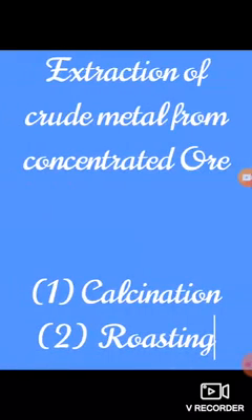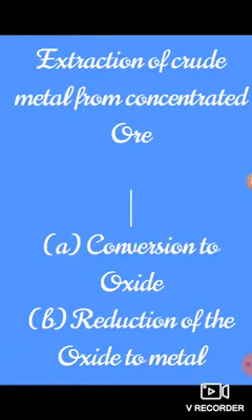Now we are going to discuss the reduction of the oxide to metal. Reduction of the metal oxide usually involves heating it with a reducing agent, for example carbon or carbon monoxide or even another metal. I have discussed this many times in your previous class 11.